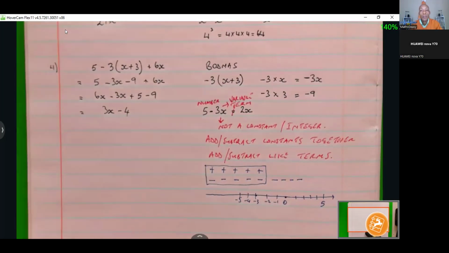Okay, right. So let's add in an equation. So let's add in one equation. So these ones are expressions. So I'm gonna go to something with an equation.